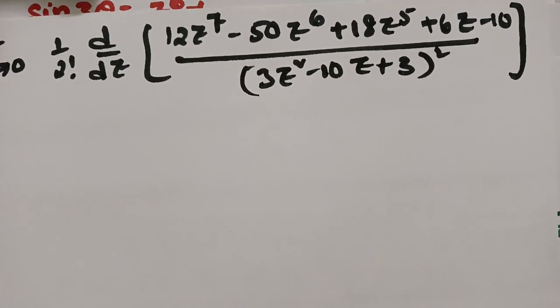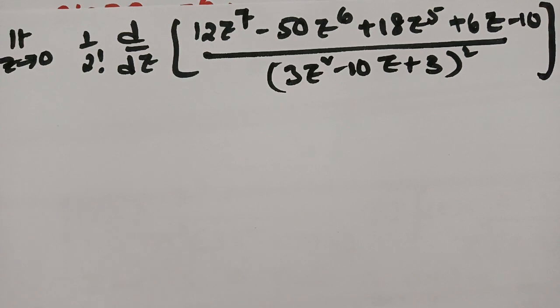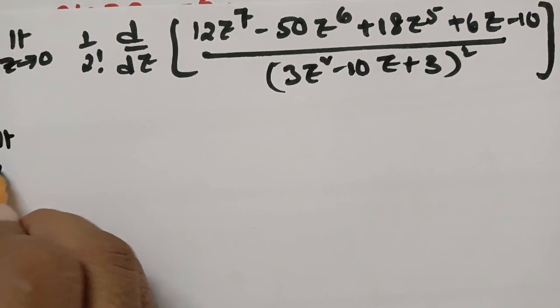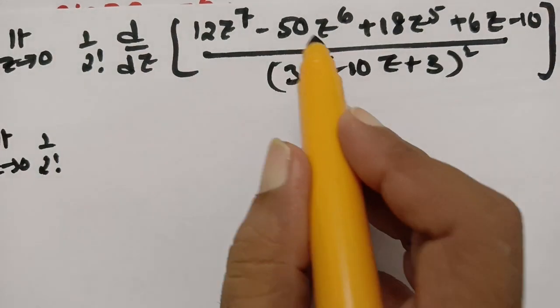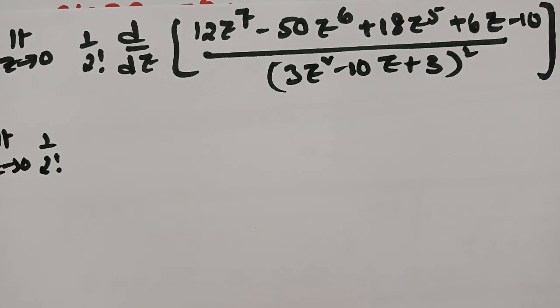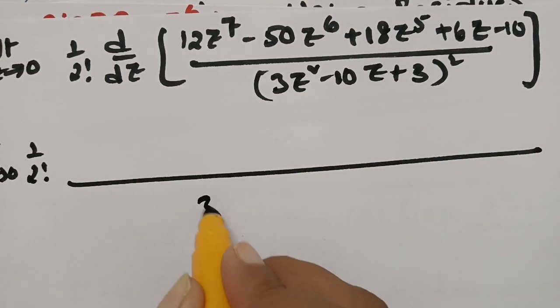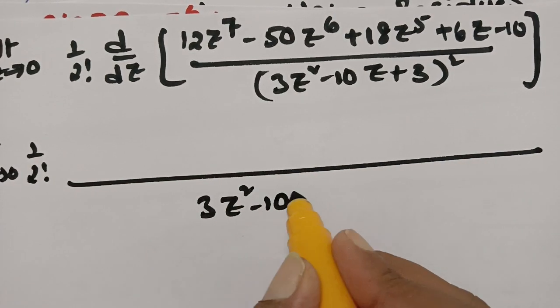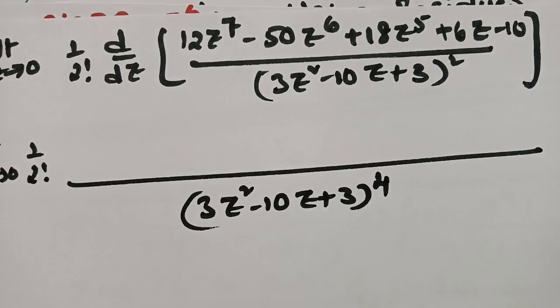And now again we have to take a derivative of this, and again substitute z equal to 0. So this will be limit z tends to 0 of 1 by 2 factorial into, and this is of the form u by v. If it's u by v, what we have to do? Have some patience. The denominator is (3z square minus 10z plus 3 whole square) whole square, which will be power 4.